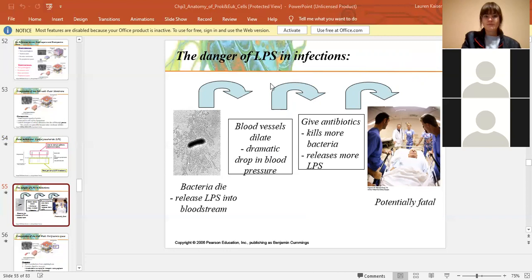Is it toxic shock? It's not toxic shock, but it is shock. I know toxic shock syndrome is what I think of, but it's just shock.